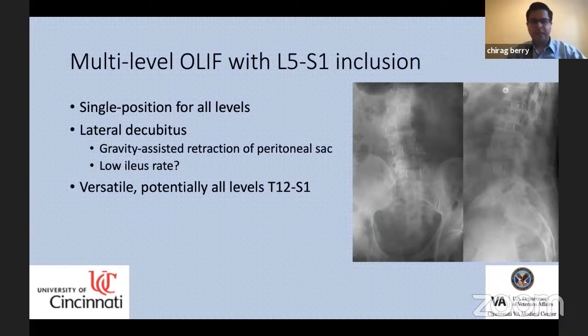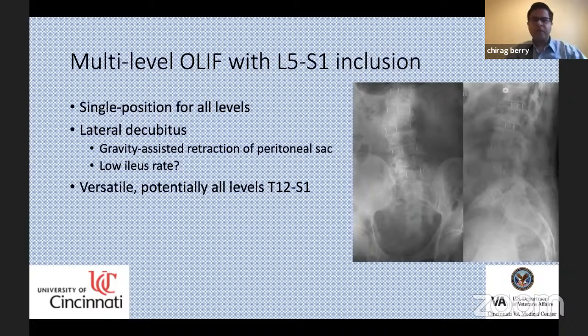Lateral position does have some theoretical advantages. You're getting assisted by gravity in getting the peritoneal sac and the bowel retracted out of your way, so there's a theoretical low risk of paralytic ileus. And of course, this is a versatile approach, and the crest and the ribs don't come in the way, so you can potentially reach all levels between T12 to S1.